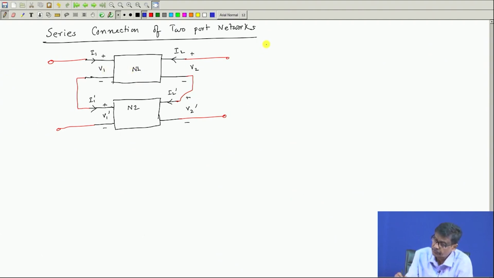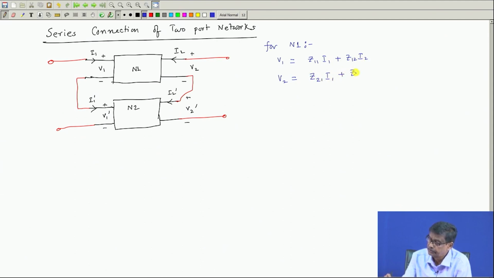So far as network N1, network 1, I will get V1, V2 is equal to Z11 I1 plus Z12 I2, that is what I will get, and this one I will get is Z21 I1 plus Z22 into I2. This is for network 1.